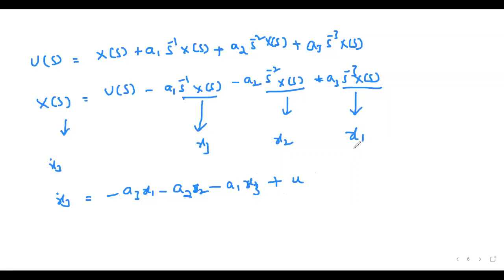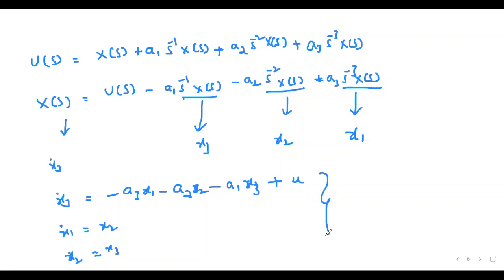Now from this we know that x3 dot we got, but what about x1 dot and x2 dot? This is the first order derivative of this, right? That means the first order derivative of x1 is equal to this much, that is x2. So x1 dot is equal to x2, and in a similar way x2 dot, that means if you do one time derivative, you will get this, that means x3. So x2 dot is equal to x3.